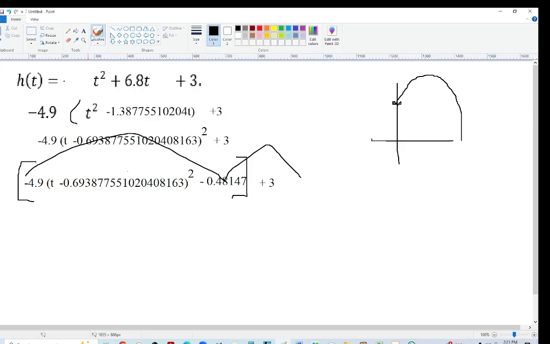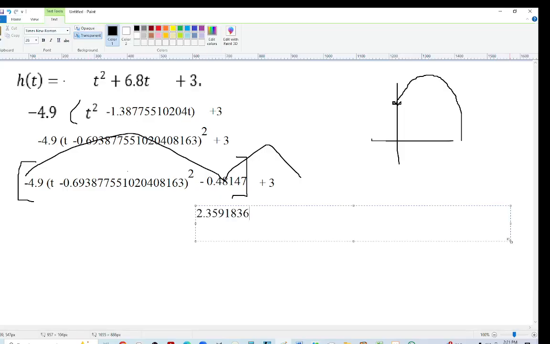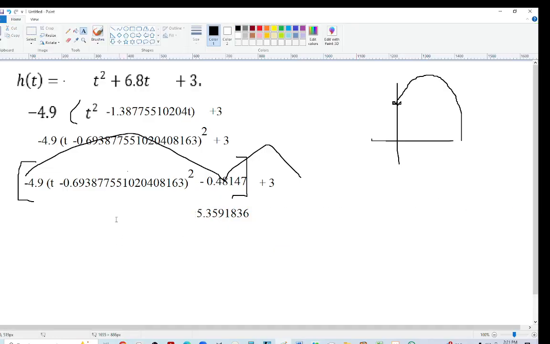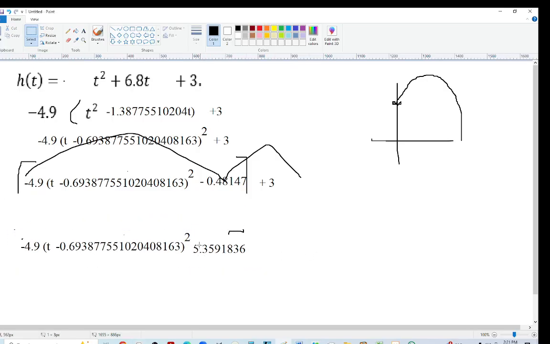So once I get it out of the bracket, it becomes this plus 3, which becomes this. There you go. So that's the completed square. Oh, and this is plus.